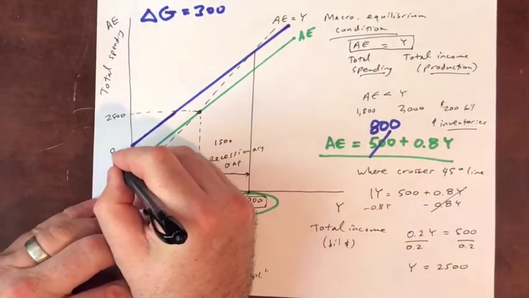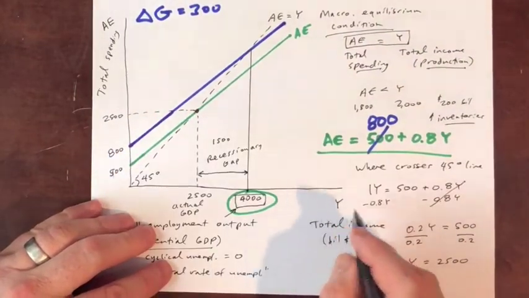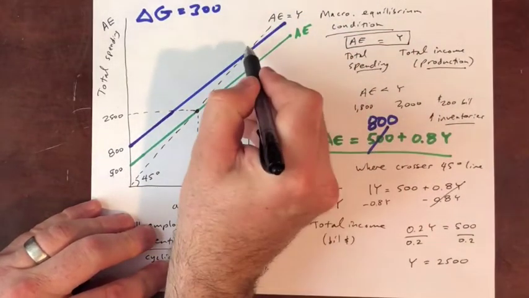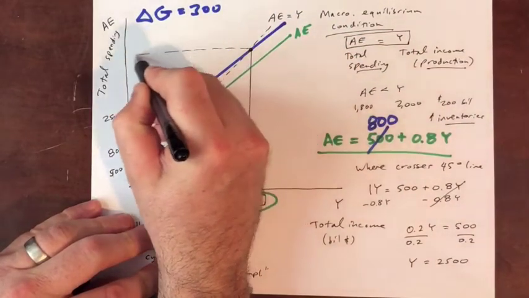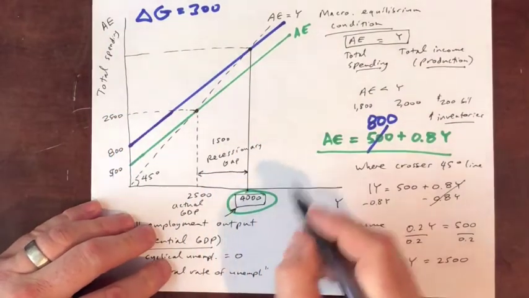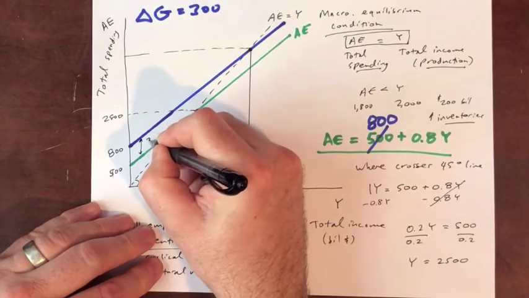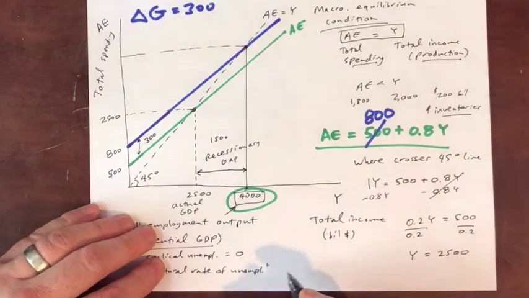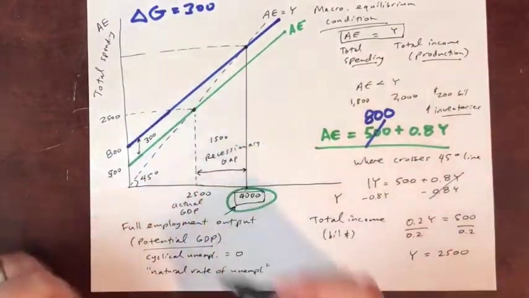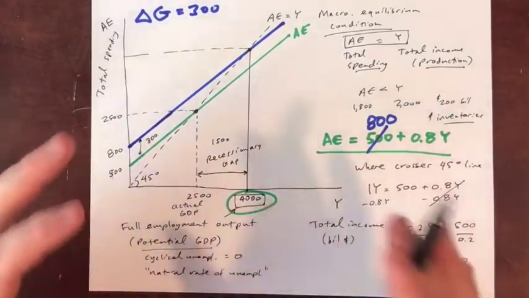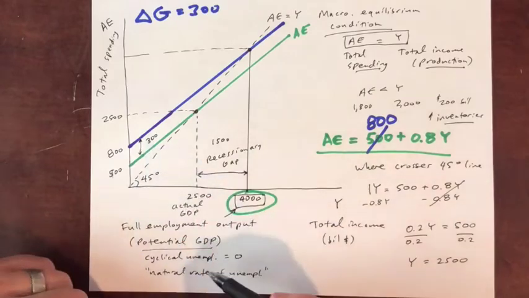Our new intercept is at 800, and our new point of intersection here is going to be 4,000 and 4,000. So by shifting this, the vertical distance, again, that's the delta part. That's the change in government spending, although it could have been a change in any of the components of spending, right? But this is just the easiest one.